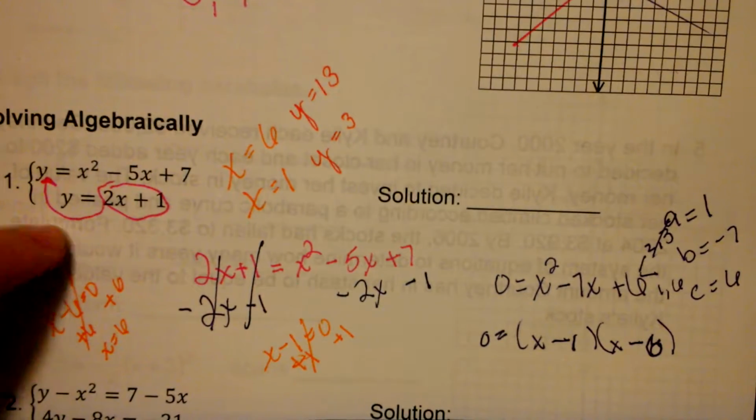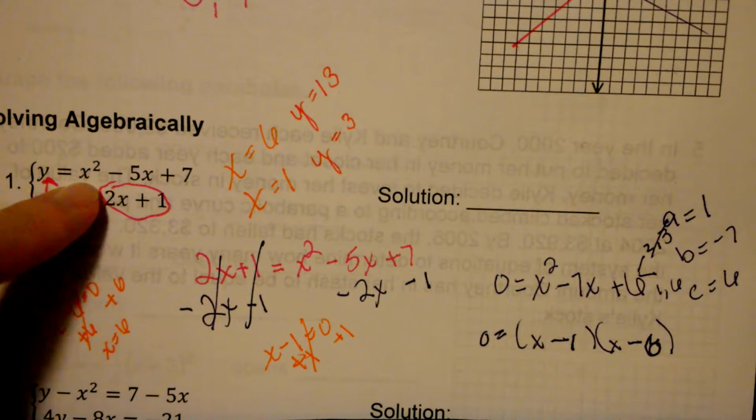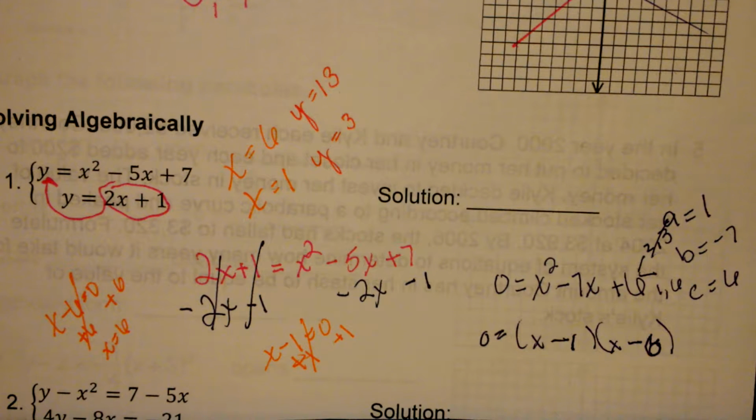So now I'm going to check. If I put in 6 here, I'm going to need a calculator. 6 squared is 36 minus 5 times 6, that's 30.